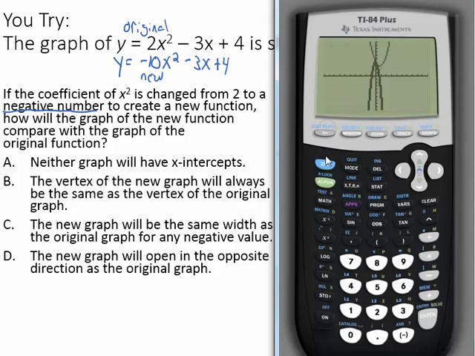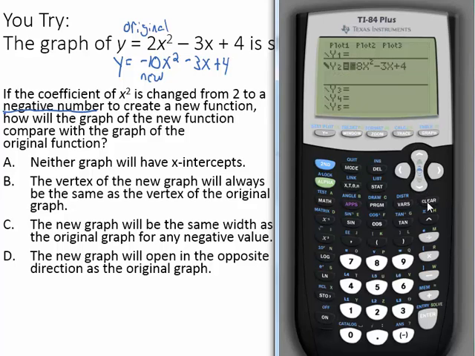So I'm going to go to my y equals screen, clear out the equations that are there, and let's type out the new one. You clear it out by pressing the clear button. So 2x, exponent button, 2, right arrow key to get out of the exponent, subtract 3x plus 4, and the other one I'm going to do negative.